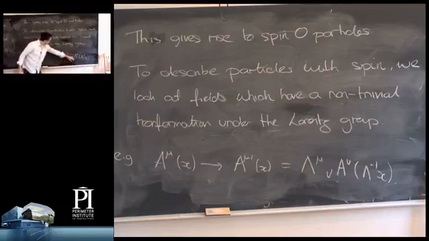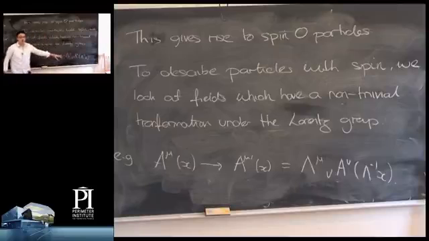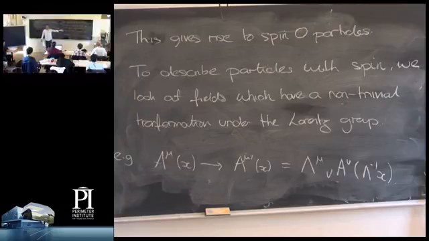The spatial part changes, the argument changes as for a scalar field. But now, of course, when you do, say, a rotation, the electric field in the x-axis rotates into the electric field in the y-axis. That's what this guy here is telling us.